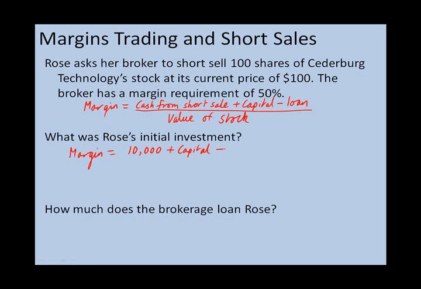And what was her loan? Well, in this case, the loan was stock. It was 100 shares. And the brokerage loaned those shares to her at a price of $100. So the initial loan was for 100 shares at $100.